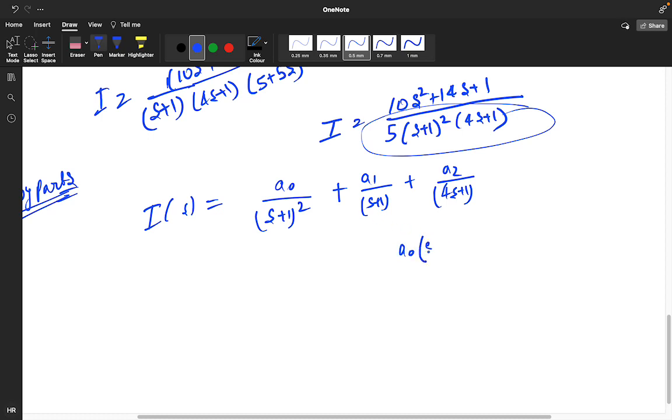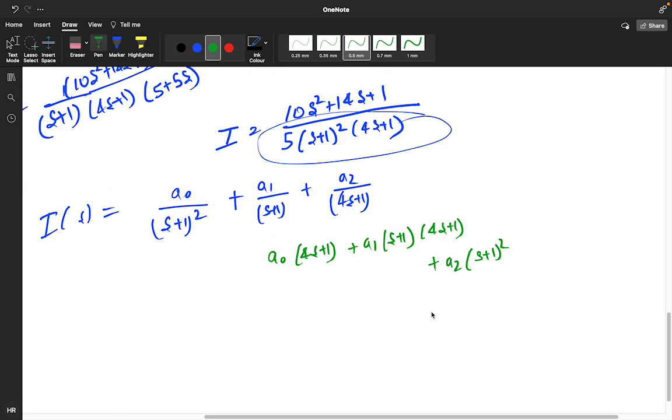If you take the LCM, you will get a0 into 4s plus 1, plus a1 into s plus 1 into 4s plus 1, plus a2 into s plus 1 the whole square.